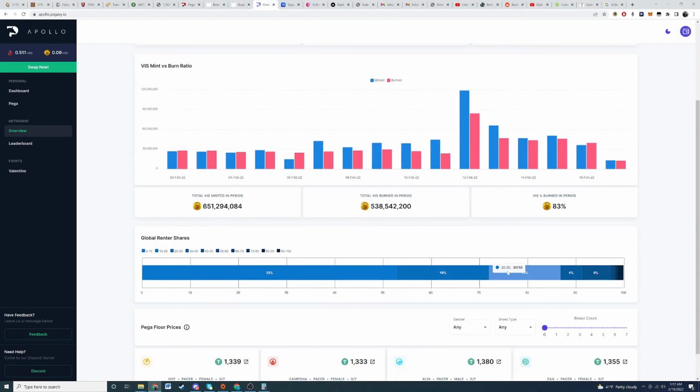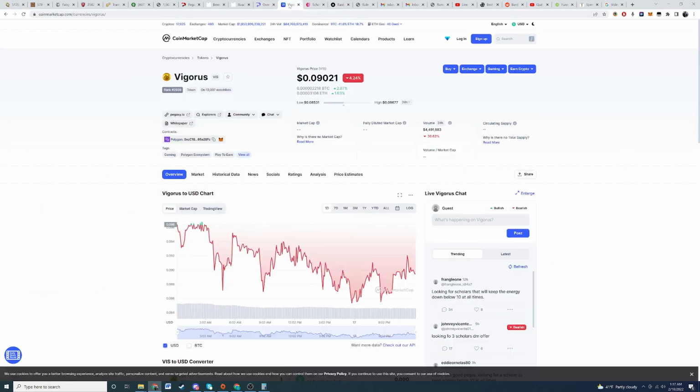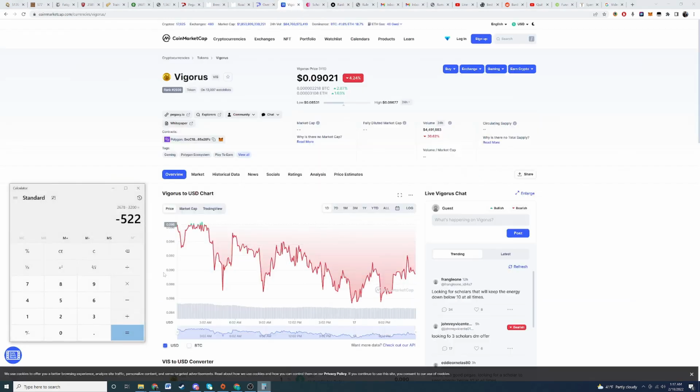Let's say that you are able to get maybe a 12% split. That's probably close to a quote-unquote average scholar split, as much as there can be said to be such a thing. So if you get 12% of 3 Pegas, and the average Pega earns 300 VIS per day, you have 300 VIS per day times 3 Pegas for 900 VIS earnings per day times 0.12, which would be your split.